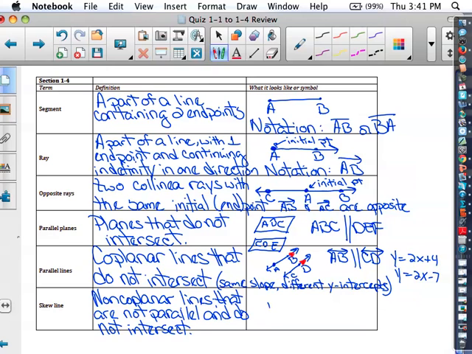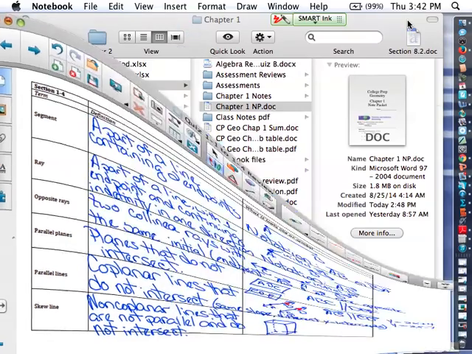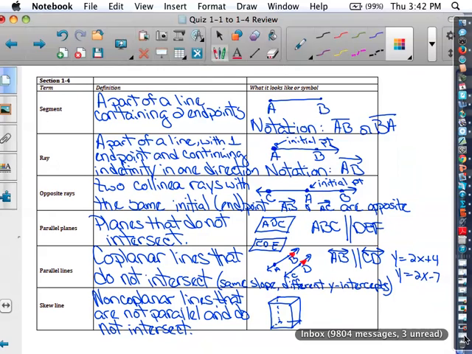And so let's look at a cube, because skew lines, remember, happen in 3 dimensions, not 2. So here's my cube. So skew lines, oops, sorry about that.